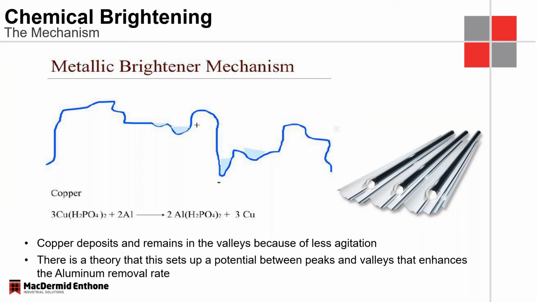Because of the agitation, the copper will remain in those recessed, trough areas because of the lack of solution movement there. Therefore the attack on the peaks is higher, and the removal rate of those areas is higher. Again, we're leveling out the surface profile.